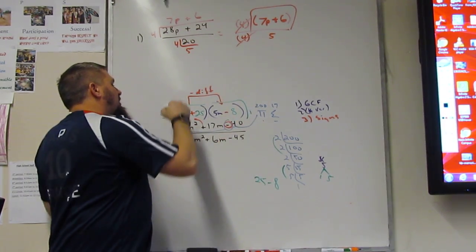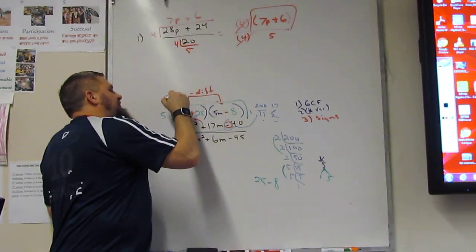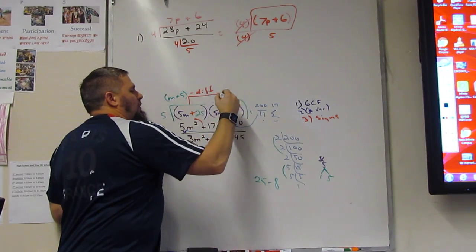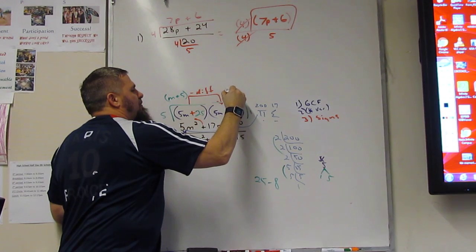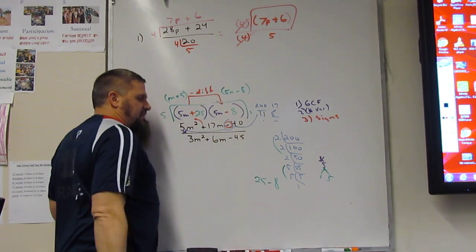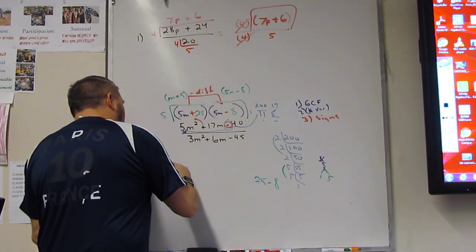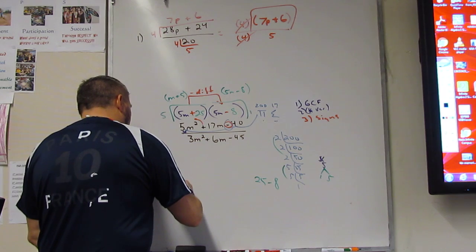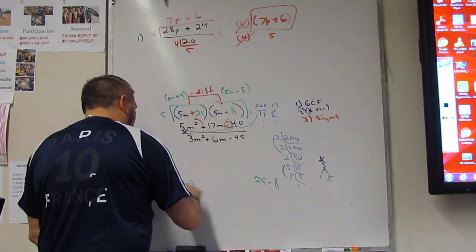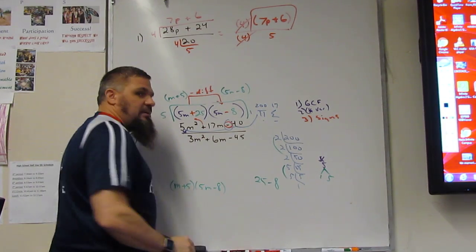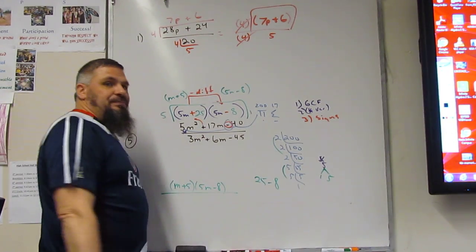I'm left with 5 goes into 5 once, 5 goes into 25 5 times, 1 goes into 5m once, and 1 goes into negative 8 times. So the top is going to be (m plus 5) times (5m minus 8).